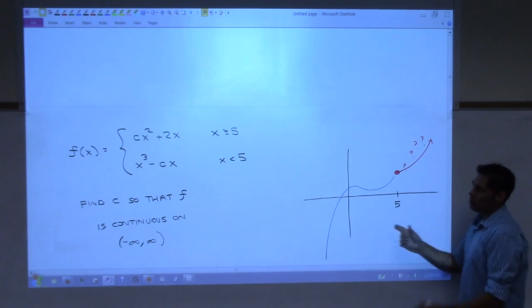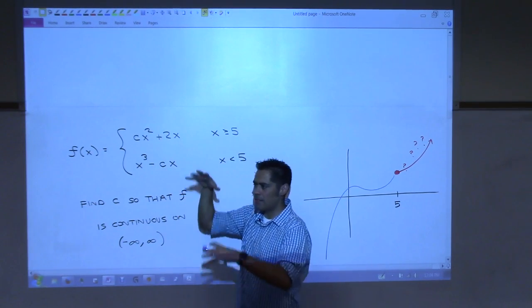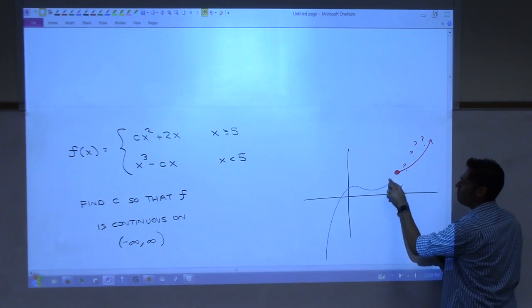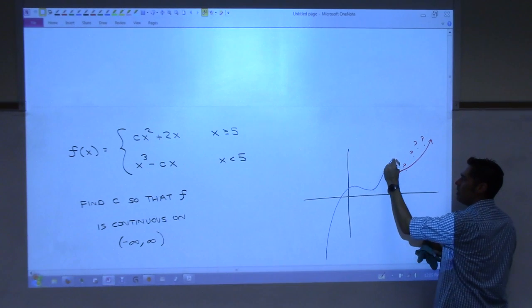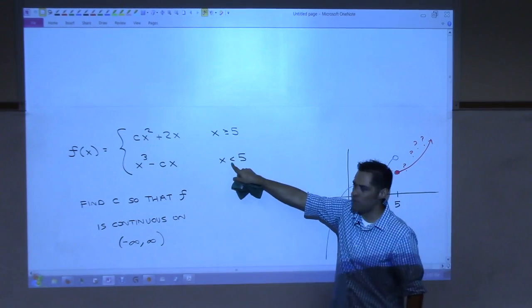Well, wouldn't that depend on this? Doesn't this number c affect it somehow? So I don't even know where this thing meets up, like if they meet together. I don't know that. I just know it's cubic, and it might do this, and it's an open hole from the left because there's no equal sign here.